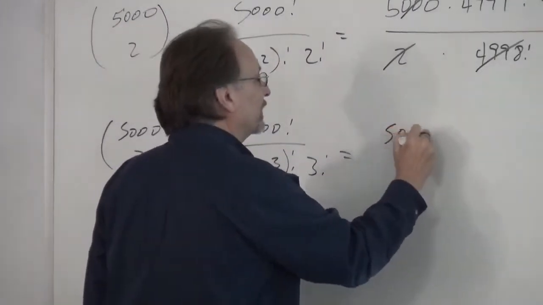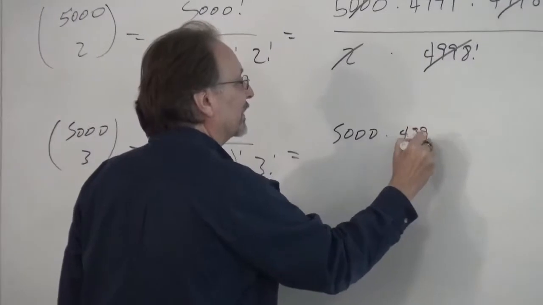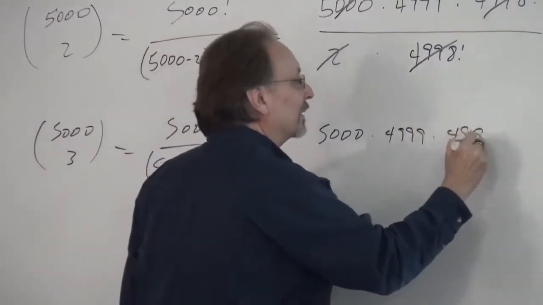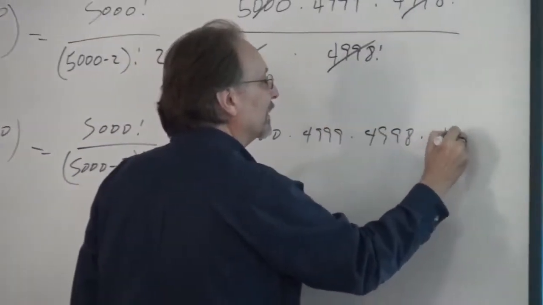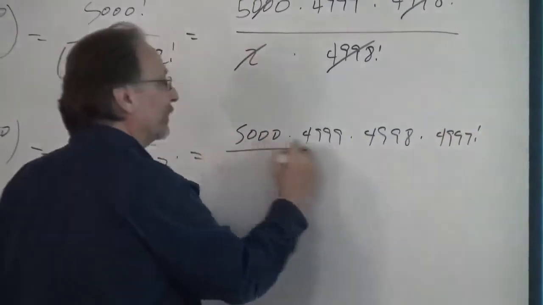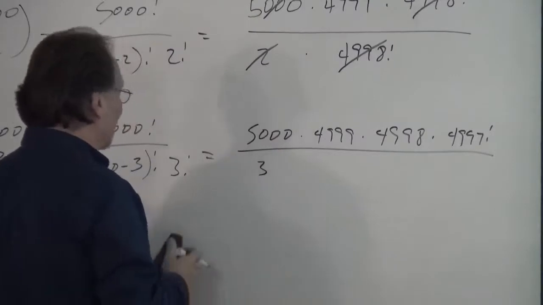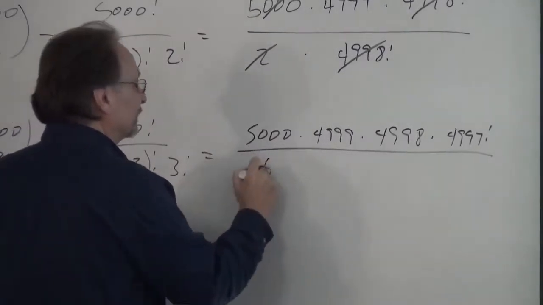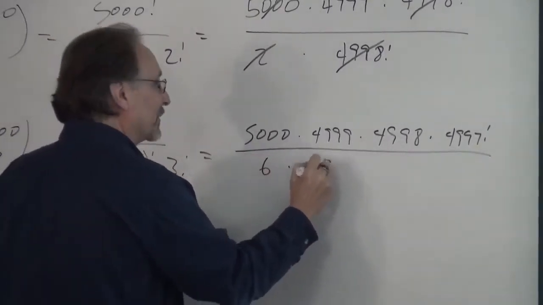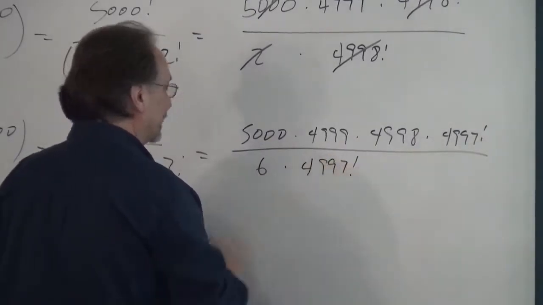That would be 5,000 times 4,999 times 4,998 times 4,997 factorial over 3 factorial, which is 6, times 4,997 factorial.